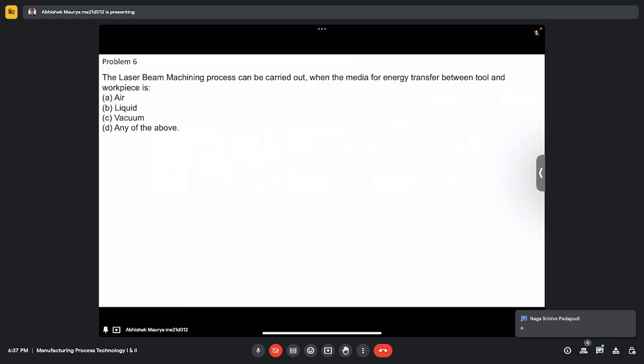Okay, I got a response from Nagasrinivas. Let us see it together. The laser beam machining process can be carried out when the media for energy transfer between tool and the workpiece is. So these are the options.